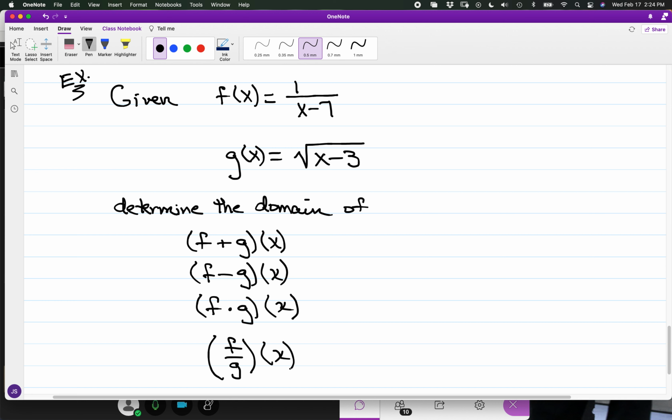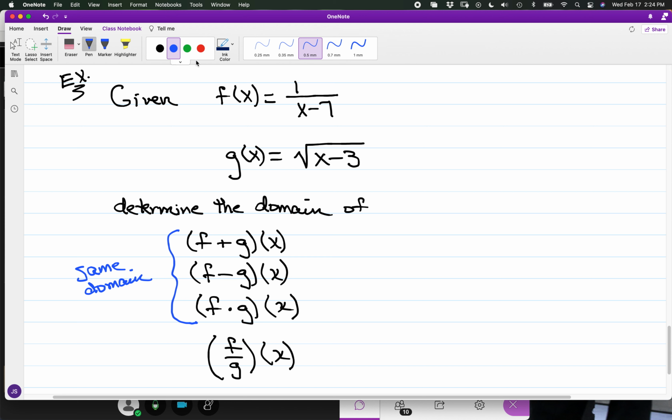Okay, and let me just restate. For the sum, difference, and product functions, those are going to have the same domain.